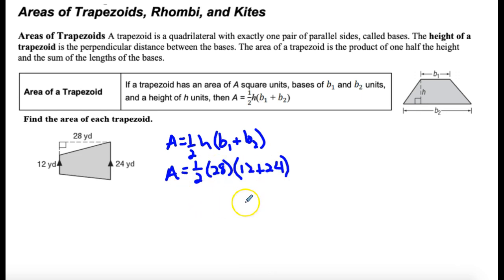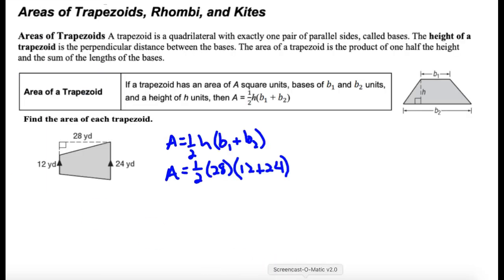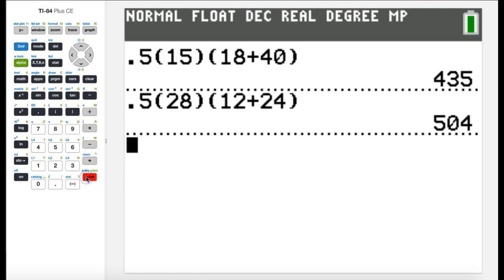And again, we can just type all that into the calculator at once. So 0.5 times 28 times 12 plus 24, and that gets me 504.